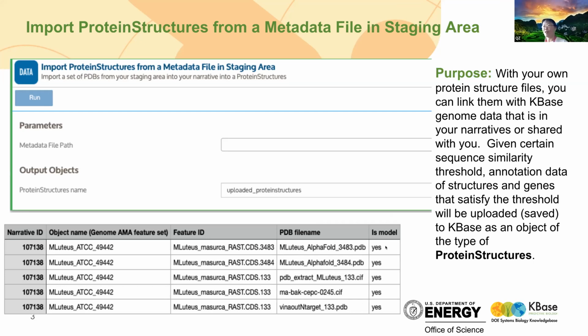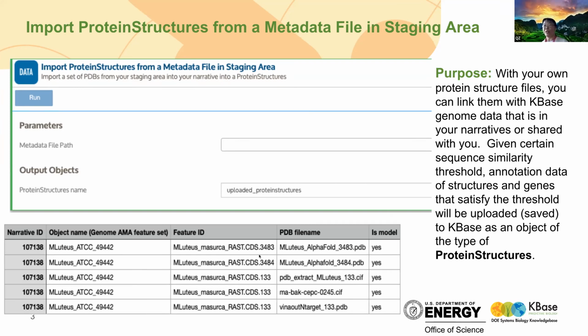The last column specifies whether it is a model. And then you put that into this input, and the interface inside of a KBase narrative is very simple. You just upload this file, which you already uploaded into the narrative by import.